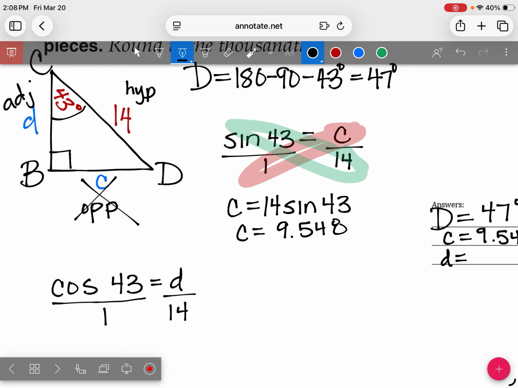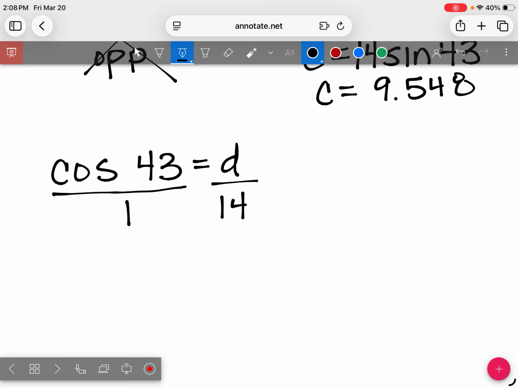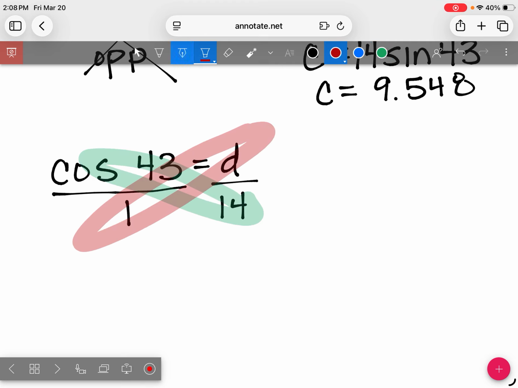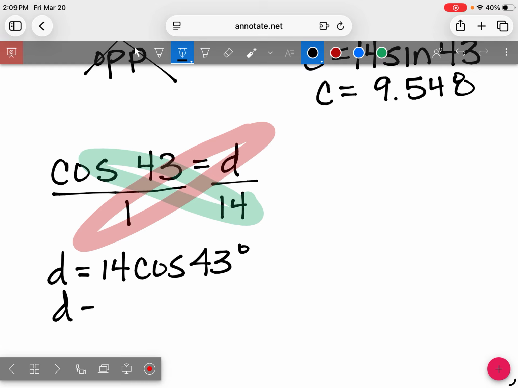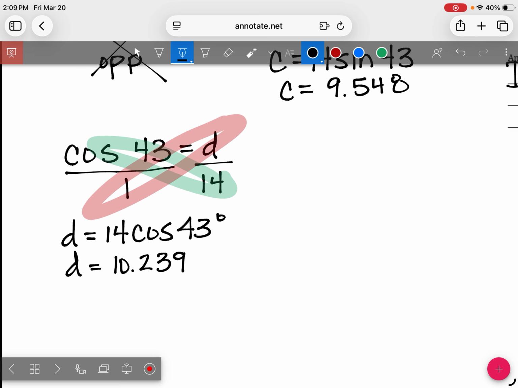Go ahead and solve it. Anybody else get 10.239?